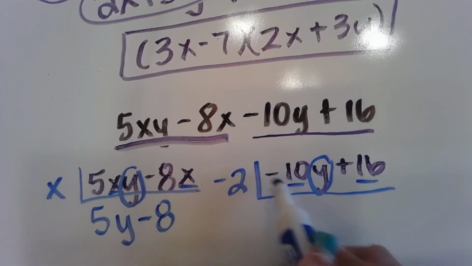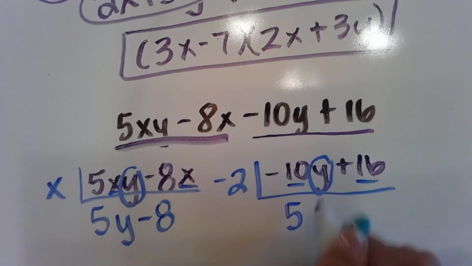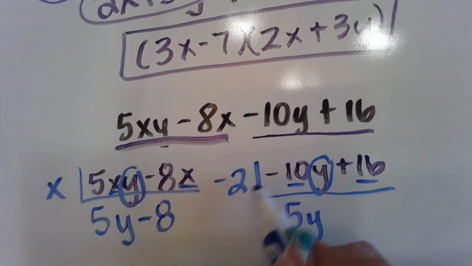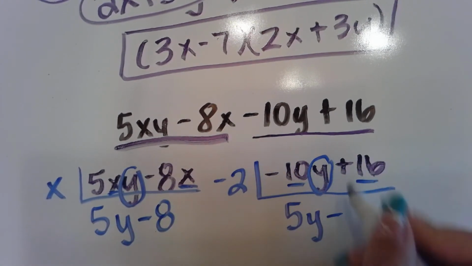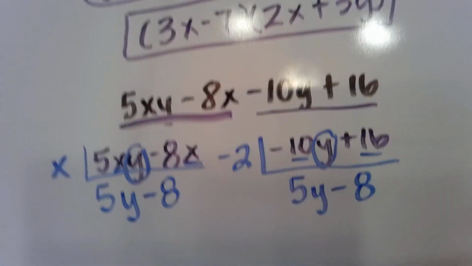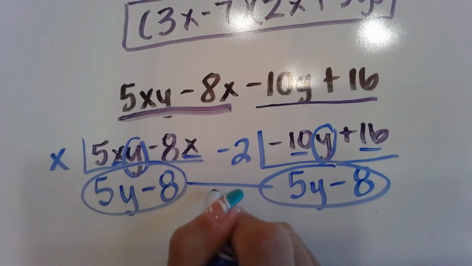So negative 10 divided by negative 2 is going to be a positive 5, and then we're going to pull down our y. And 16 divided by negative 2, so a positive divided by a negative makes a negative, and 16 divided by 2 is 8. So I can see here that, yay, these two match. So I did it right.